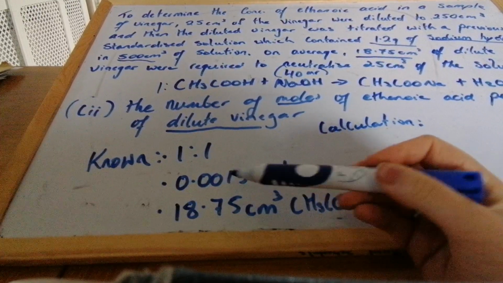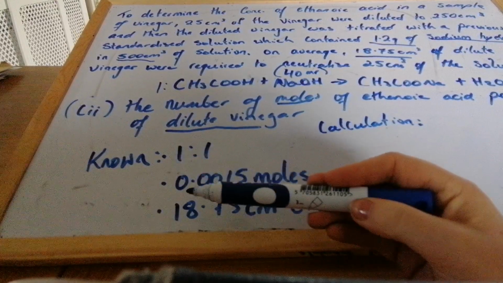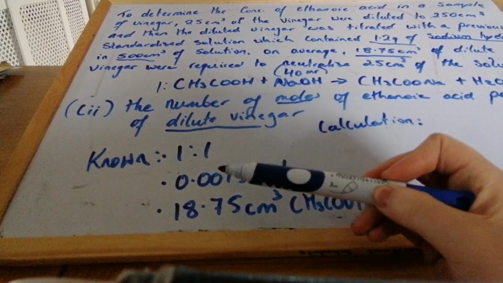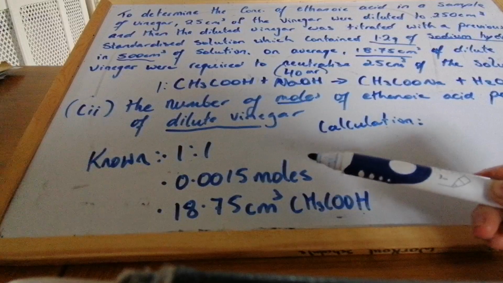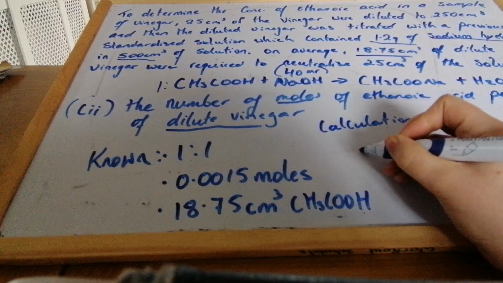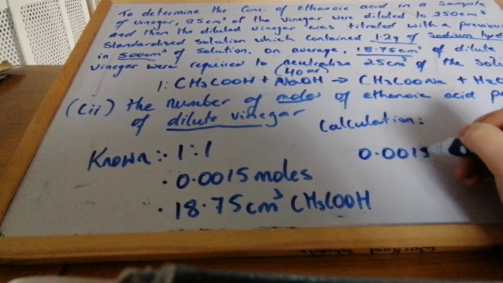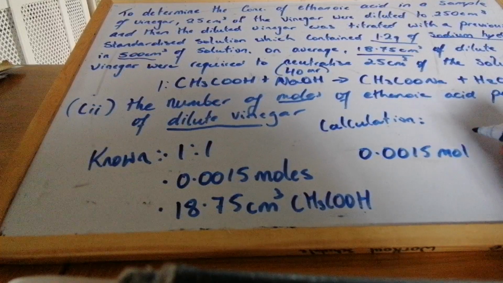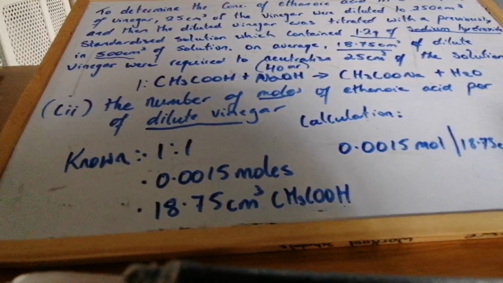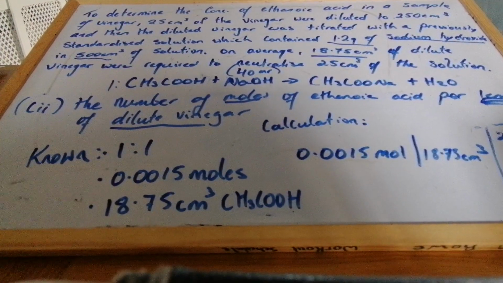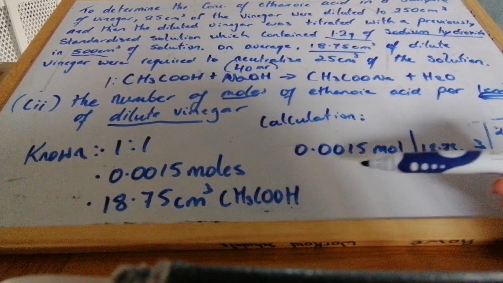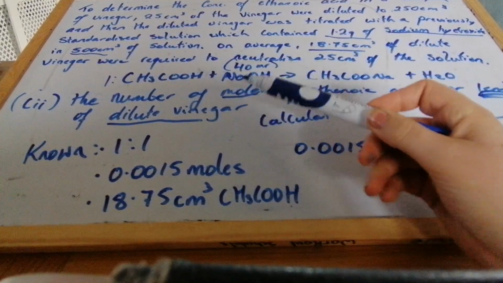So we know that if we had 0.0015 moles of our NaOH, that means in order to neutralize it, we needed the same amount of moles on the other side, which tells me that there is 0.0015 moles per 18.75 centimetres cubed of my ethanoic acid. Okay, that's just pulling all this information together. Because if it was neutralized, we're going to have the same number of moles in our 1:1 ratio.